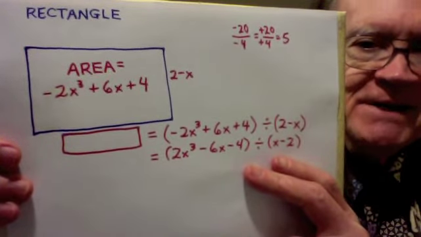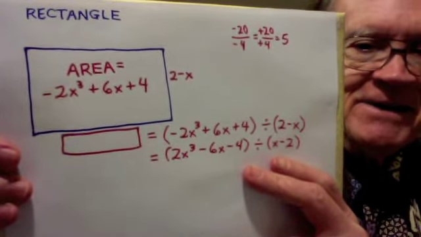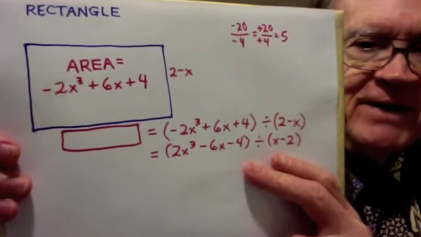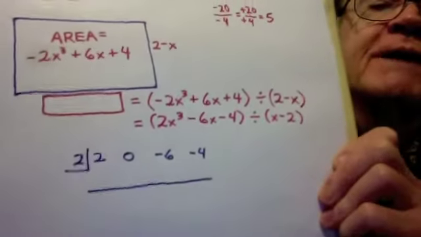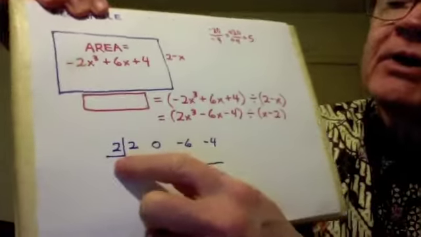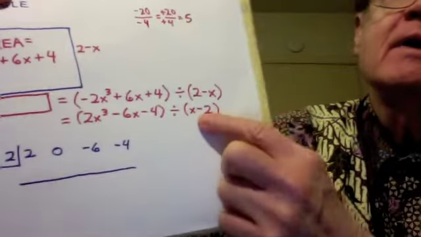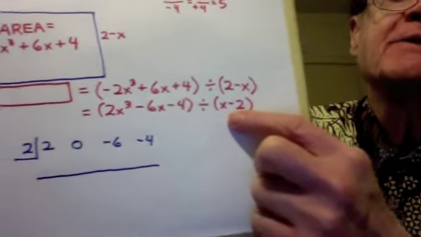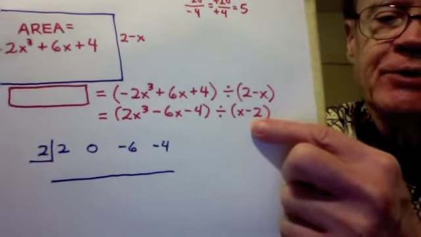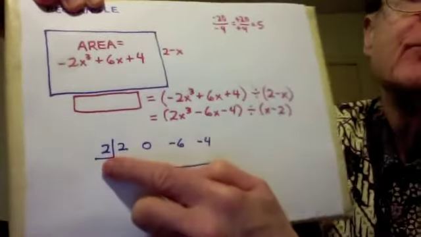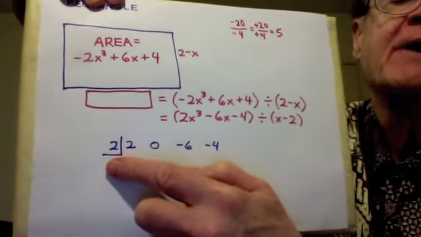Now comes this neat and concise method known as synthetic division. We use as our synthetic divisor the opposite of what you see after the x. What you see after the x is negative 2, so I use positive 2 as the synthetic divisor.